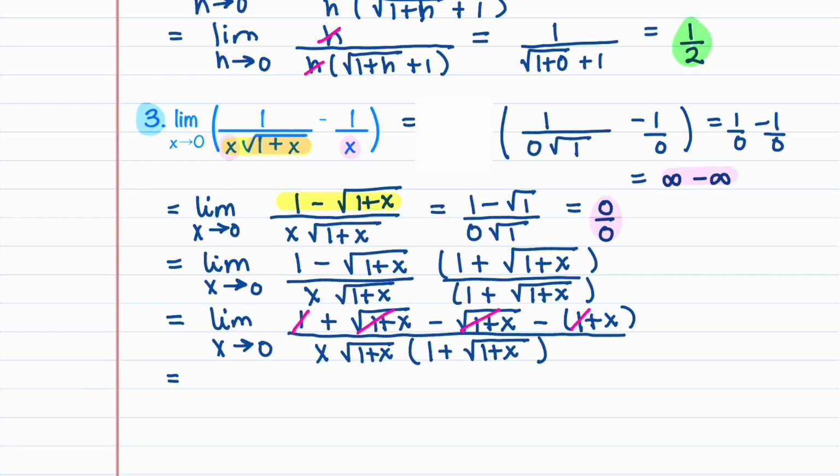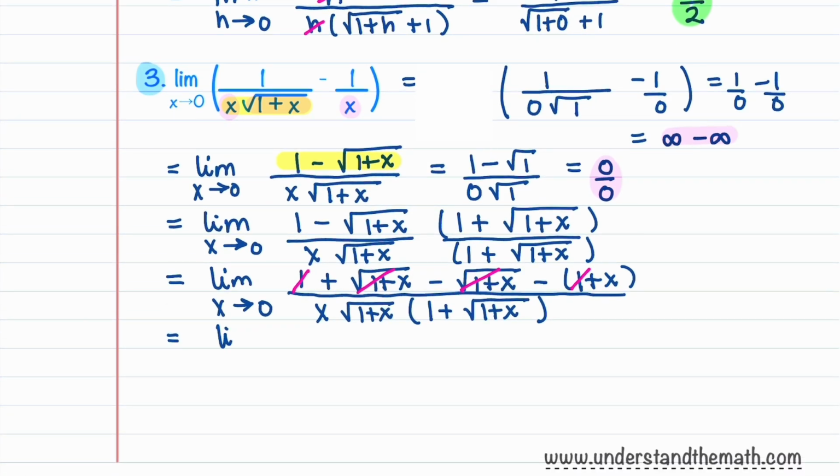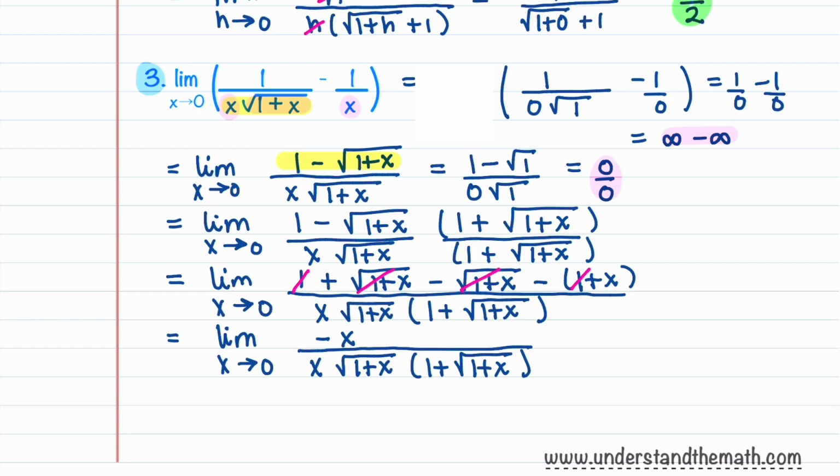So let's go ahead and rewrite this as the limit as x goes to 0. We have a minus x up top, and then down below we have an x square root of 1 plus x, 1 plus square root 1 plus x. Our x's cancel, which is why we did not multiply out the denominator.